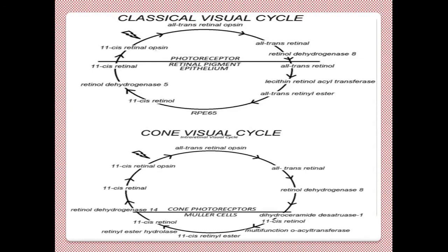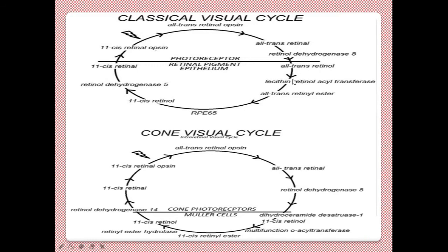In the retinal pigment epithelium, this is converted into all-trans retinyl ester by the enzyme lecithin retinol acyl transferase. RPE65, the isomerase enzyme, converts it into 11-cis retinol, and retinol dehydrogenase converts the 11-cis retinol, the alcohol form, into 11-cis retinal, the aldehyde form. This 11-cis retinal combines with opsin, and rhodopsin is regenerated.